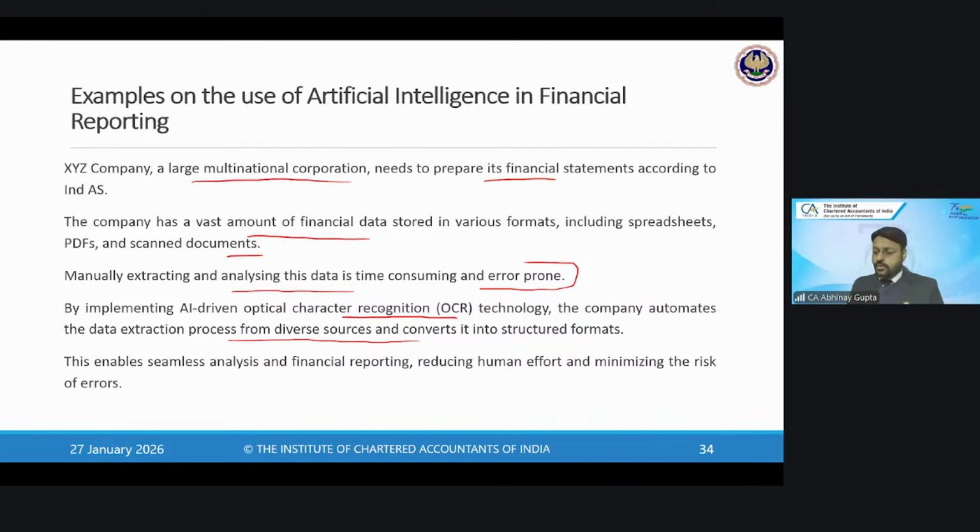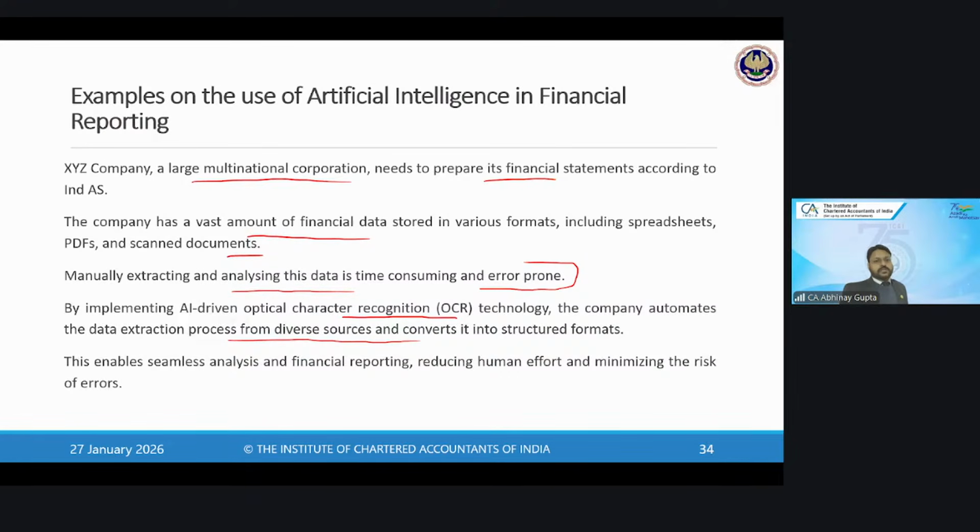Now, one of the examples could be, for example, under Ind AS 115, there are a lot of contracts with multiple customers the organization might have entered into, right? All those contracts are signed and executed on a bond paper, and those contracts are running into 50 pages, 100 pages with each customer, and there are 10,000 customers, right?